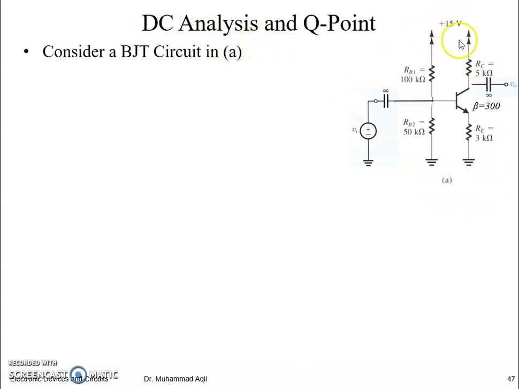You will be able to see why this DC source or DC biasing is necessary to design an amplifier, what a Q point is, what the load line is, and what the relation of this DC analysis, DC biasing, Q point, and load line is with the amplification factor of an amplifier. Let's start the DC analysis of this circuit.